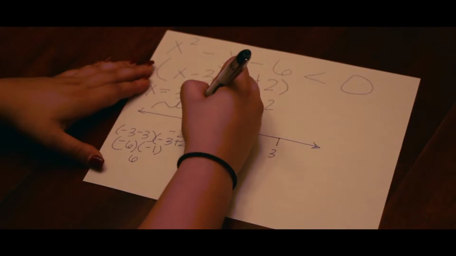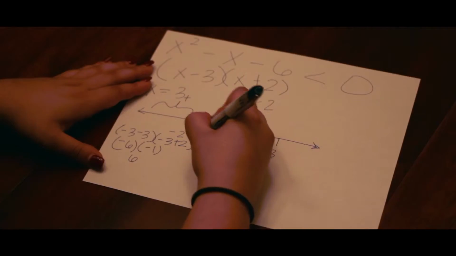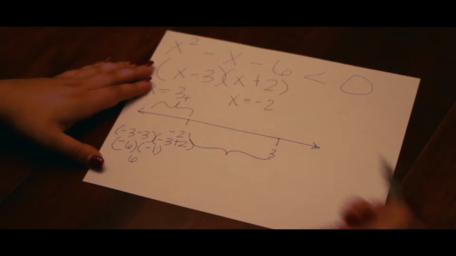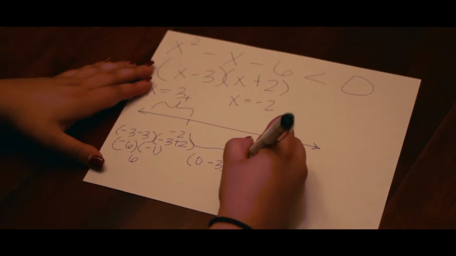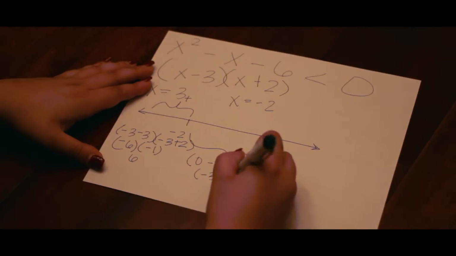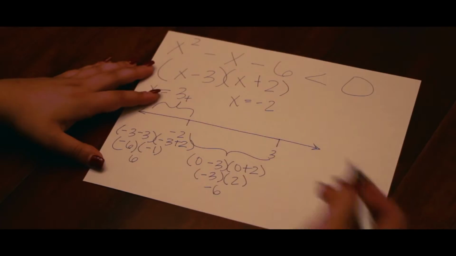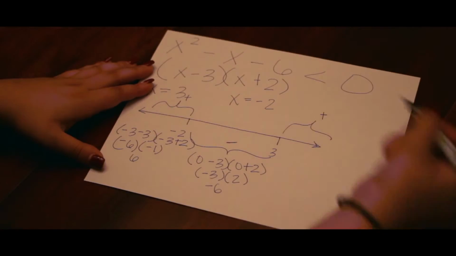So this entire thing has to be positive. So now trying to figure out the middle. Let's say I say 0. 0 minus 3, 0 plus 2. That's negative 6. This has to be negative. And this one right here, it has to be positive as well.